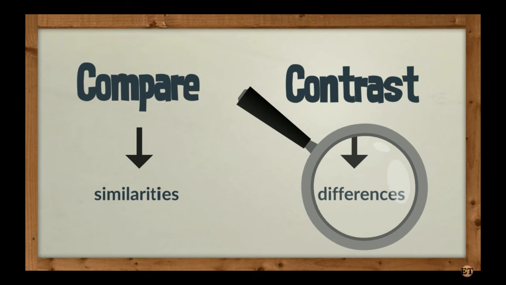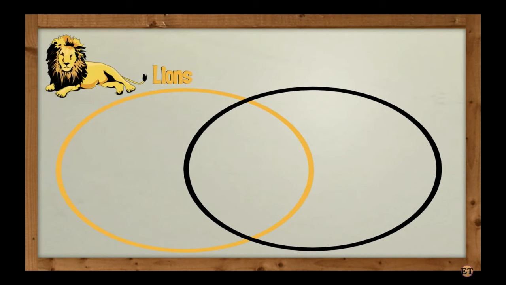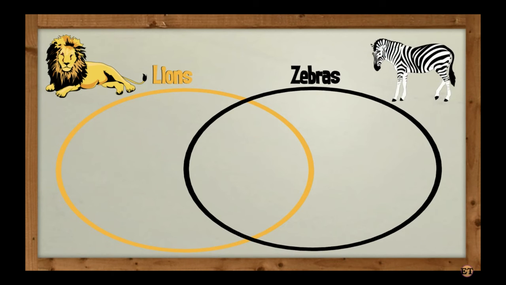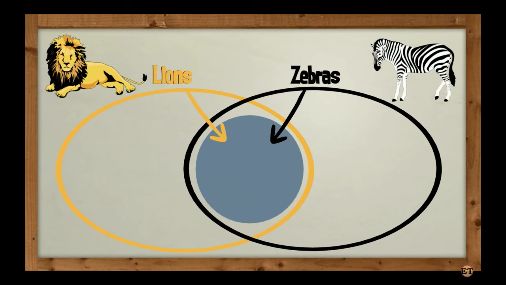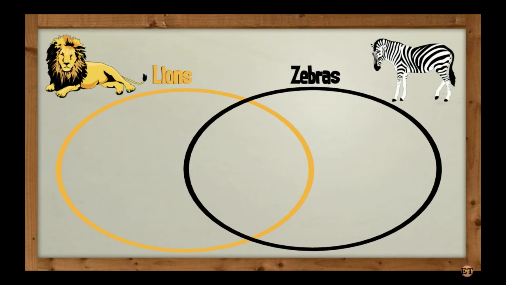As an example, we're going to use a Venn diagram to compare and contrast lions and zebras. A Venn diagram is a useful tool to help organize similarities and differences. We might note some similarities, such as both animals have 4 legs, they're both found in Africa, and both are mammals.